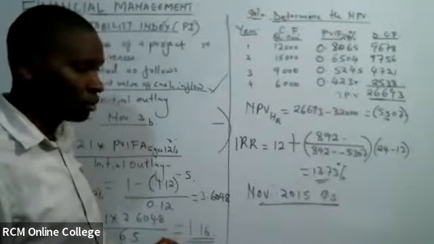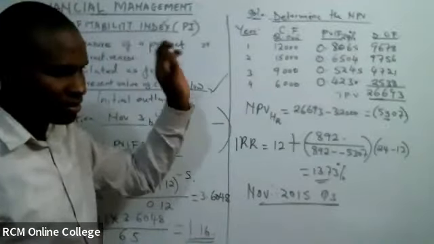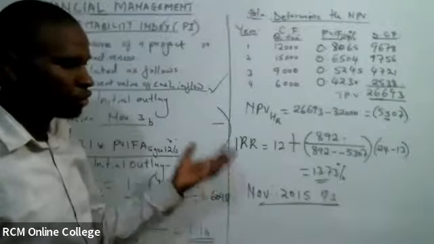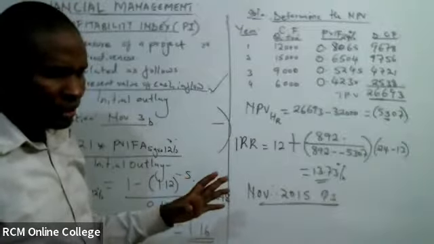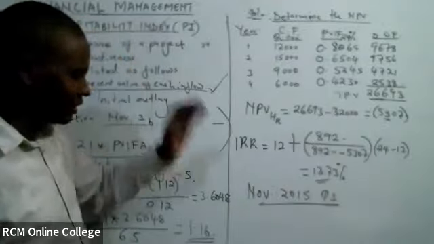Now, the interpretation or decision rule for this: if the PI, no, don't confuse it with the sharing index. This is an index, the profitability index. We're dealing with the index here.